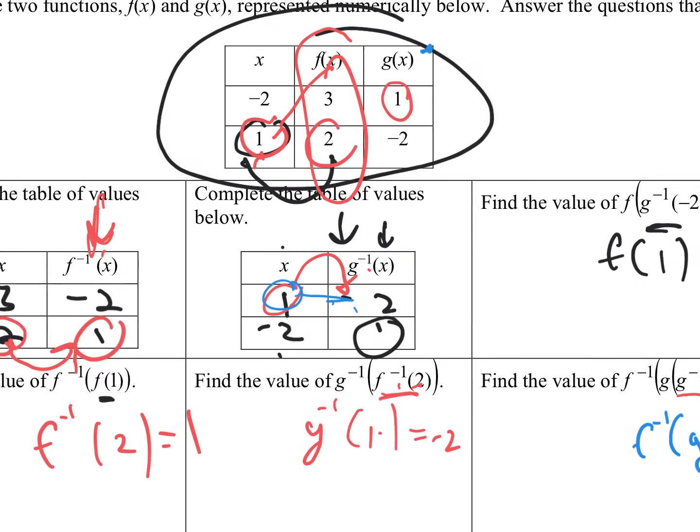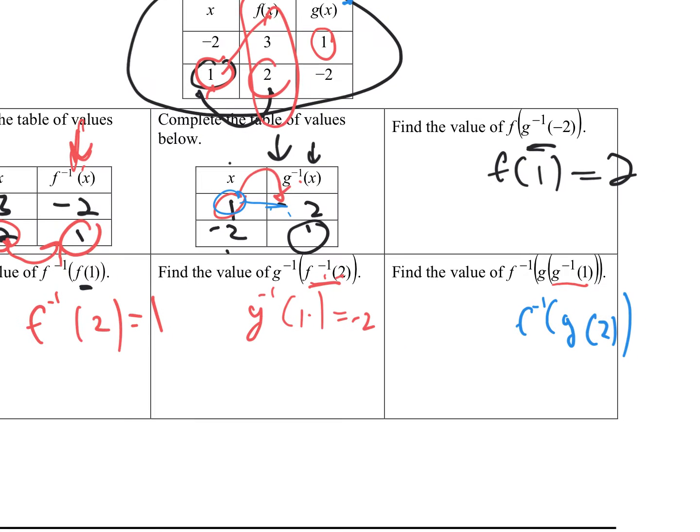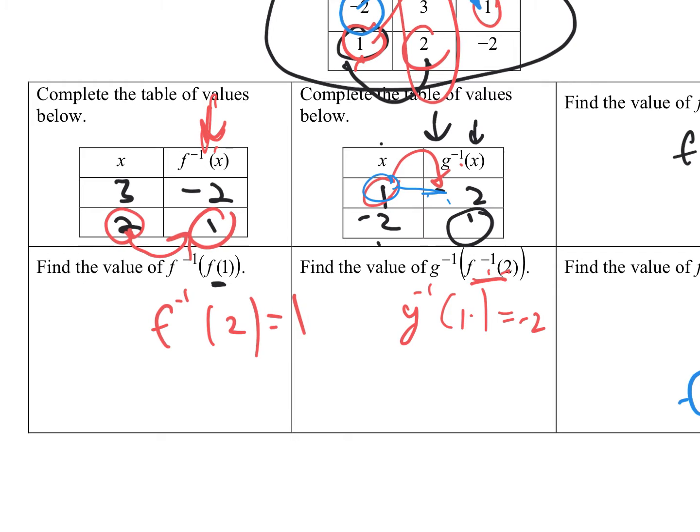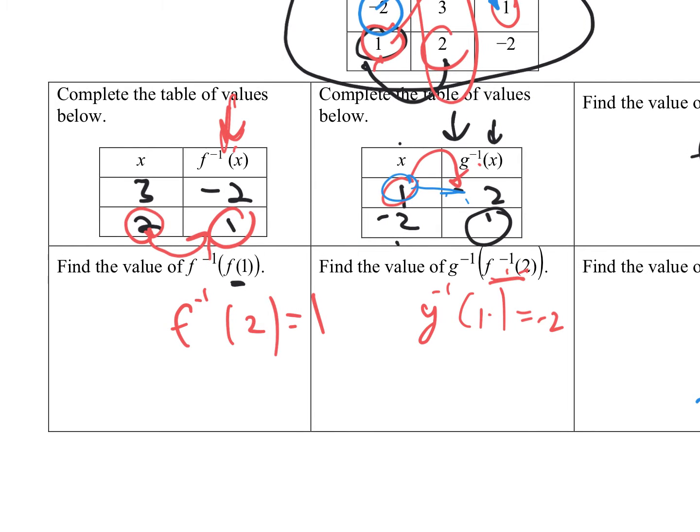G of 2. Yeah. Or, negative 2. Oh, yeah, I see a negative there. Negative 2 is what? G of a negative 2 is 1, right? So that's f inverse of 1. So let's go to the inverse table, since it's there. Inverse of f, and lo and behold, what's my problem?